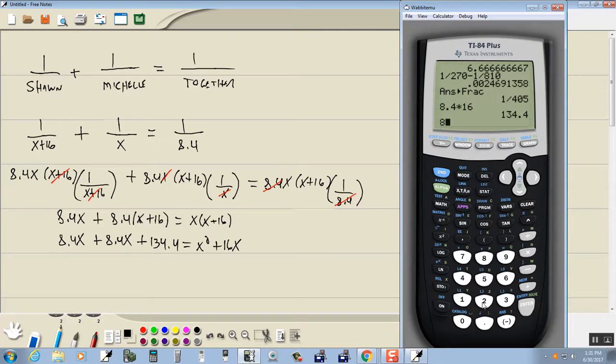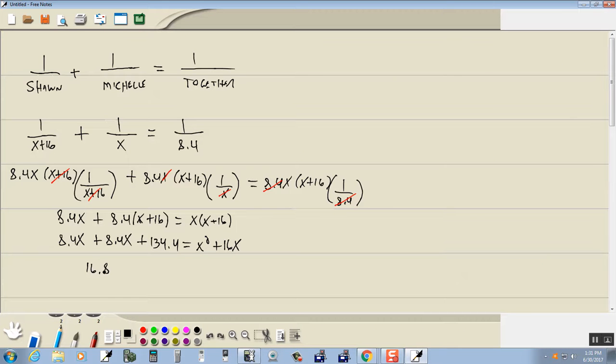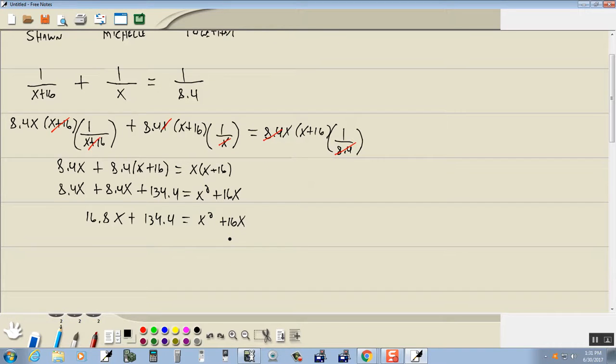Combine like terms on the left side: 8.4 plus 8.4 is 16.8x, plus 134.4 equals x squared plus 16x. Now I want to solve for x, so I'm going to take everything over to the right side.